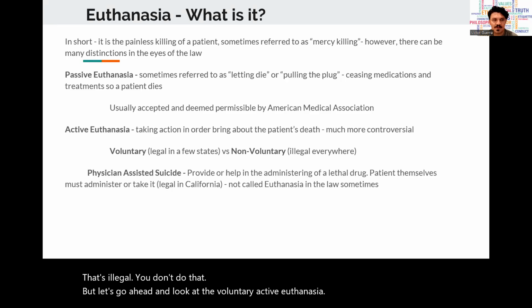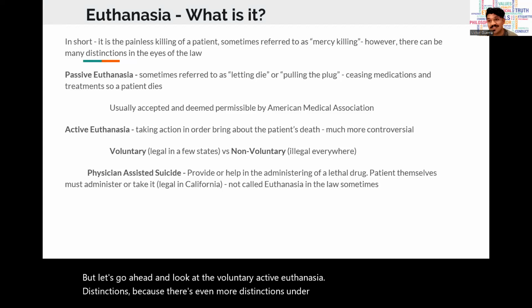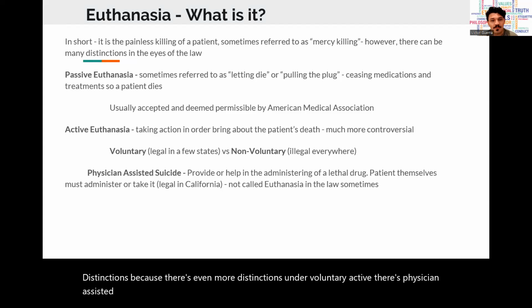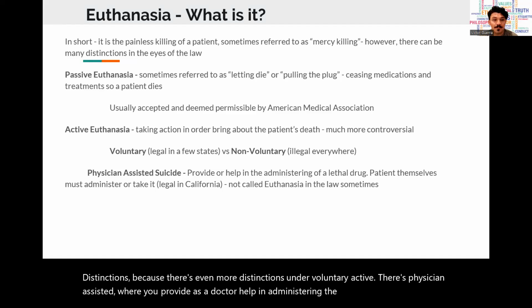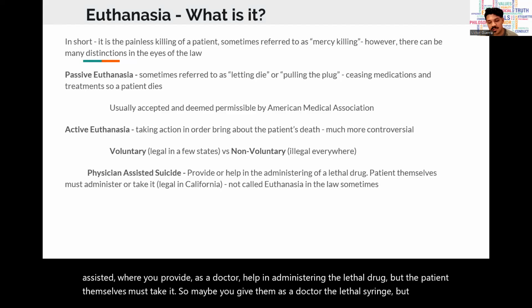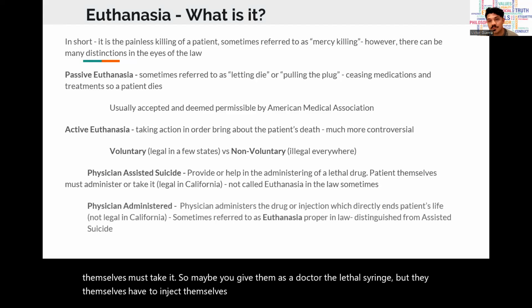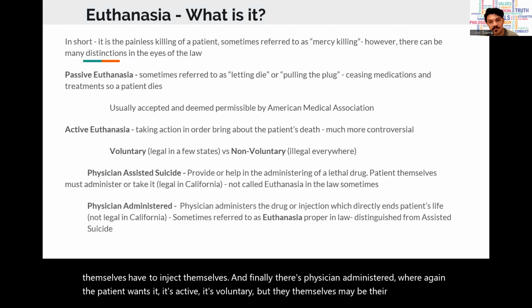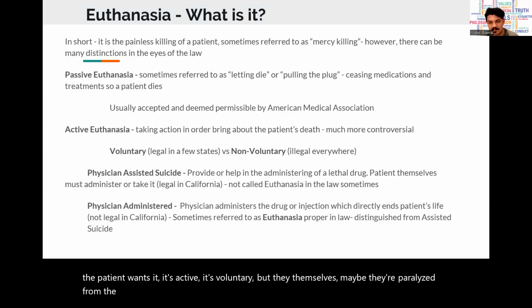because there are even more distinctions under voluntary active. There's physician-assisted, where you provide, as a doctor, help in administering the lethal drug, but the patient themselves must take it. So maybe you give them the lethal syringe, but they themselves have to inject themselves. And finally, there's physician-administered, where again, the patient wants it, it's active, it's voluntary, but maybe they're paralyzed from their whole body, maybe can't even swallow.